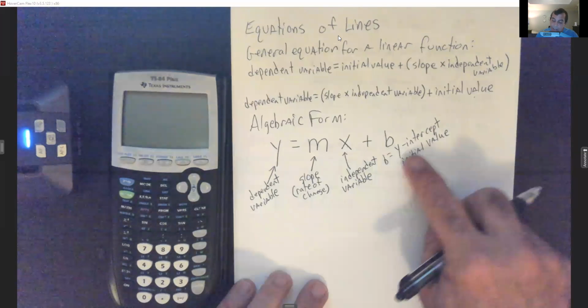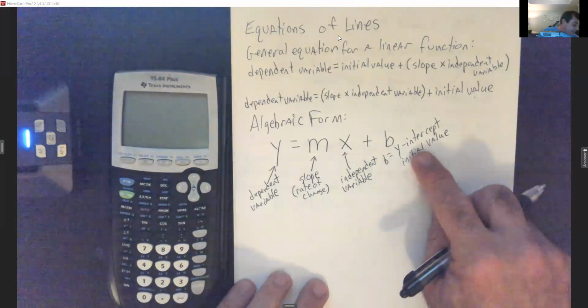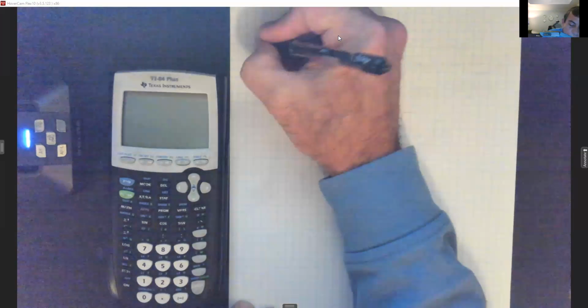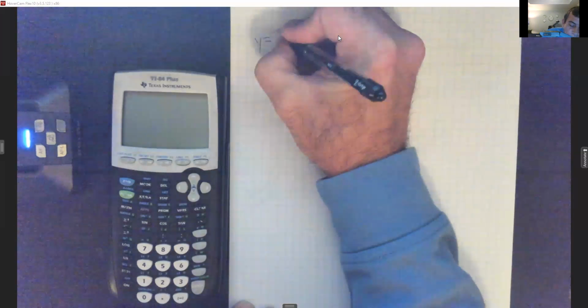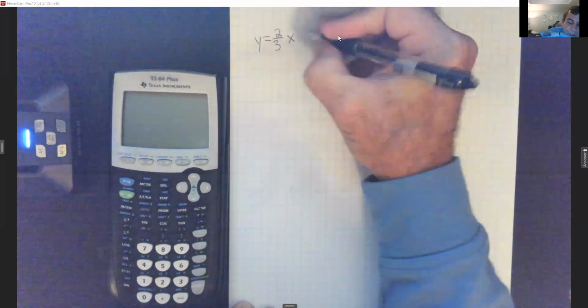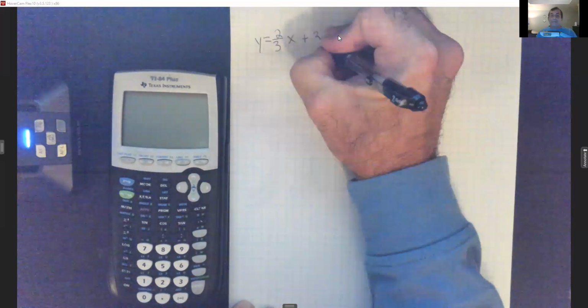All right, so let's look at what these y-intercepts are telling us. I'm going to do another graph for us. What I'm going to graph is y equals 2/3 x plus 3.